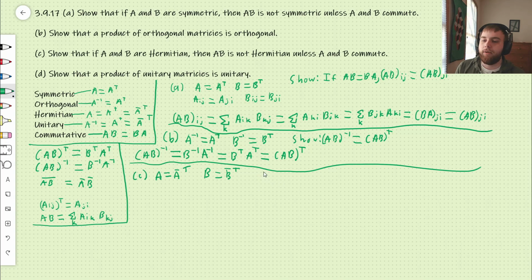And we want to show that if AB equals BA, then AB equals (AB) complex conjugate transposed.